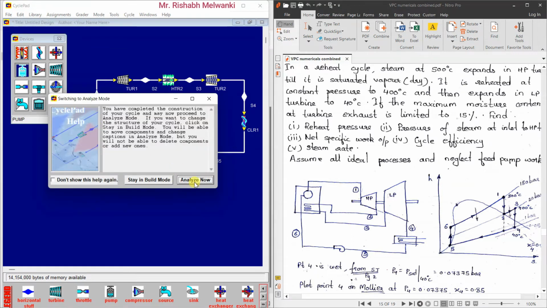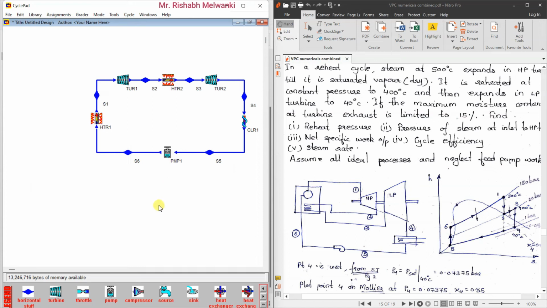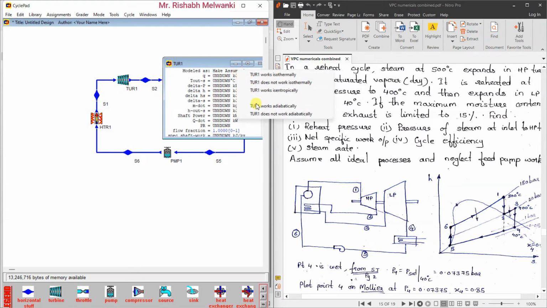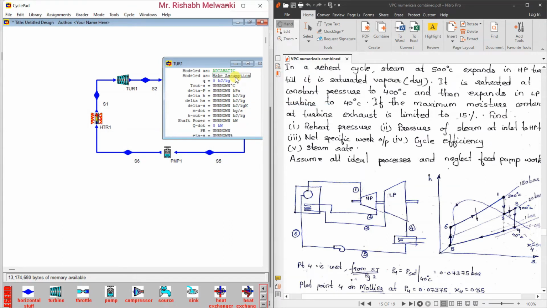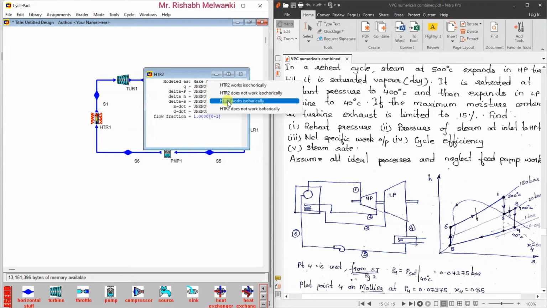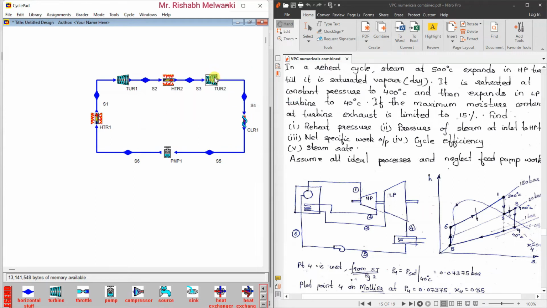Now click analyze now. Here we'll first give all the processes to different components. For the turbine we'll select it works adiabatically, it works isentropically. Then the reheater, it works isobarically.